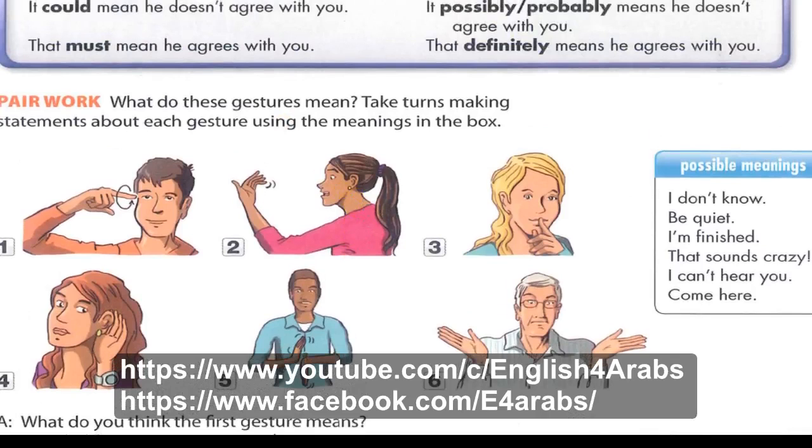It might mean, it may mean, it could mean, that must mean, maybe, perhaps it means, it possibly means, it probably means, that definitely means.